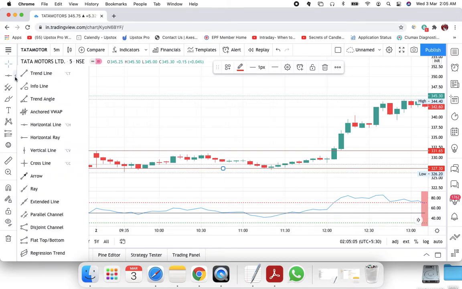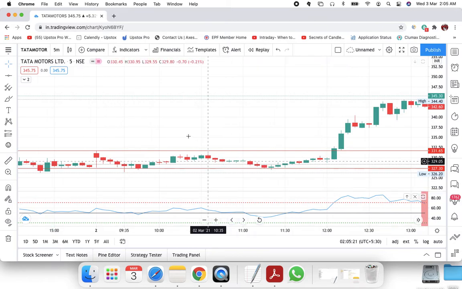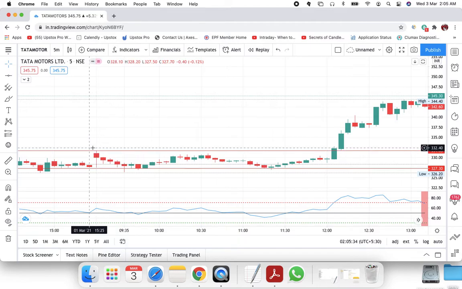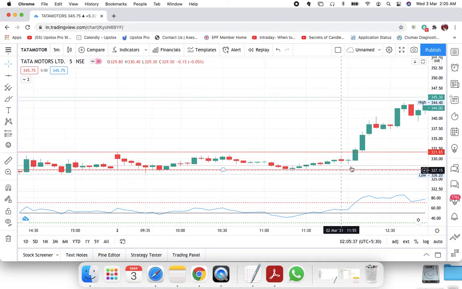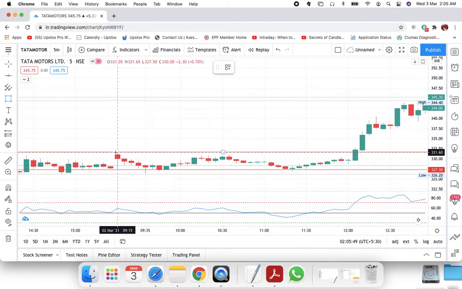So for example, if you see from this area to this area, it is in complete range. Let me highlight this.